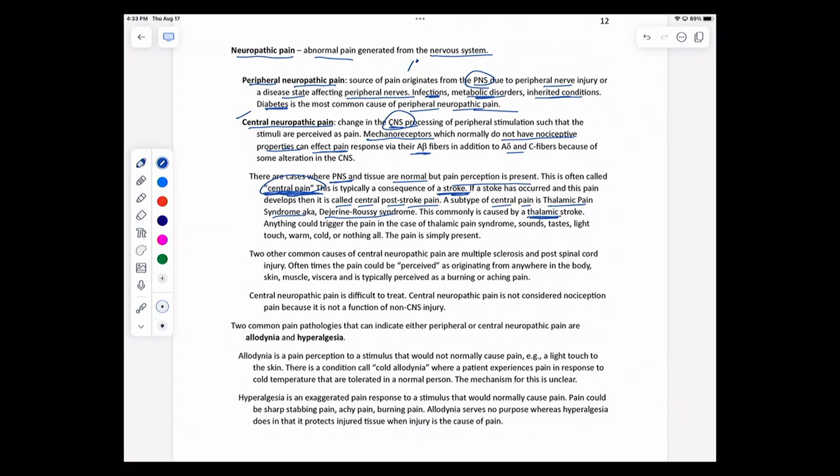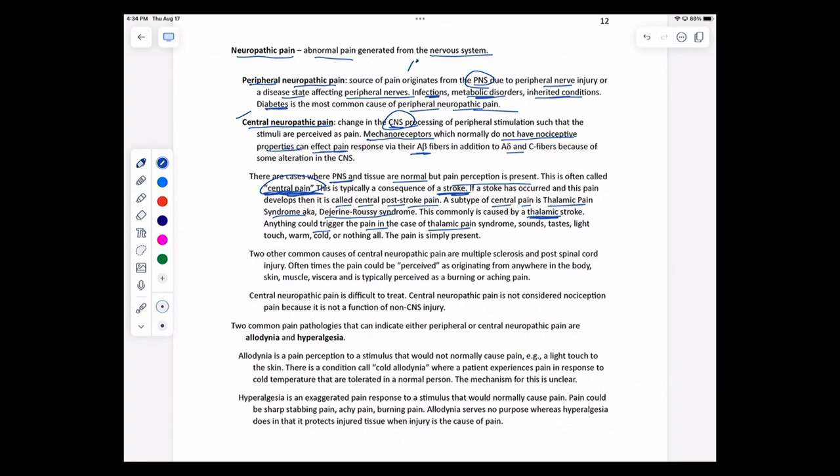When you have these types of pathologies, anything can trigger the pain in the case of thalamic pain or even central pain as well. Sometimes the patient just has pain and they may be perceiving pain somewhere in their body. There may just be a vague sense of pain, but they're having pain. Other variations of this is that they could have pain in response to something that's going on on the outside, but because you have this disruption of the pain pathway, they're going to experience pain.